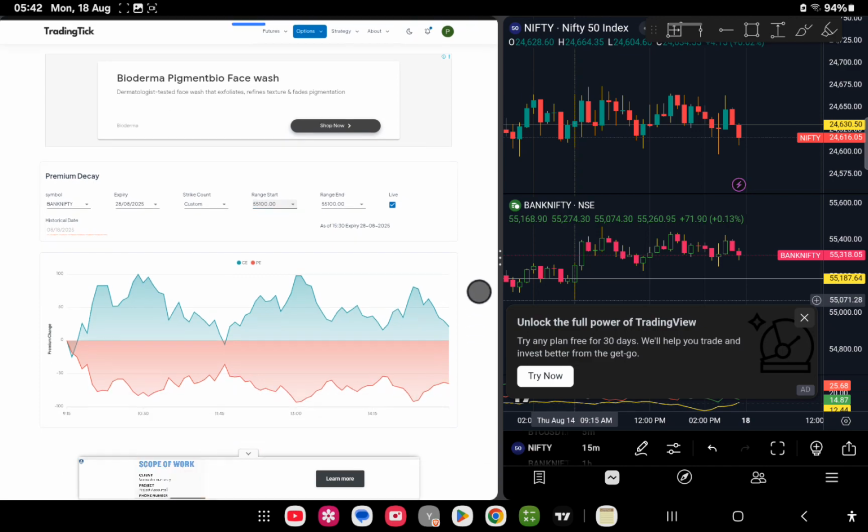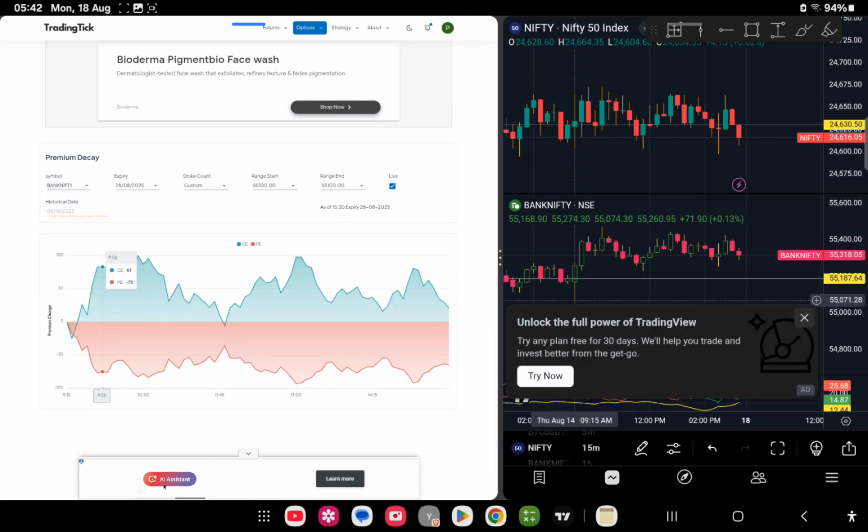So we have 100 on both sides, and clearly you could see how buyers and sellers are winning. At 1150 sellers were winning. At this dip, 225 sellers were winning, while buyers were winning at a very small difference. You could see at 1.5, at 10.30 and at 9.50.